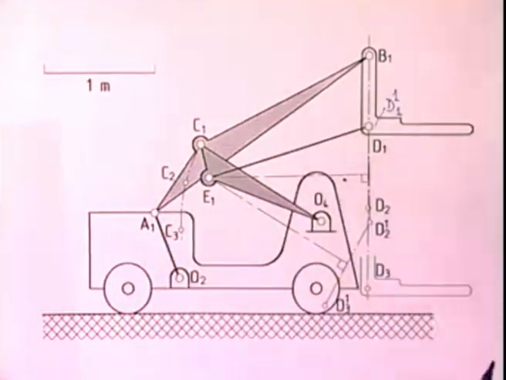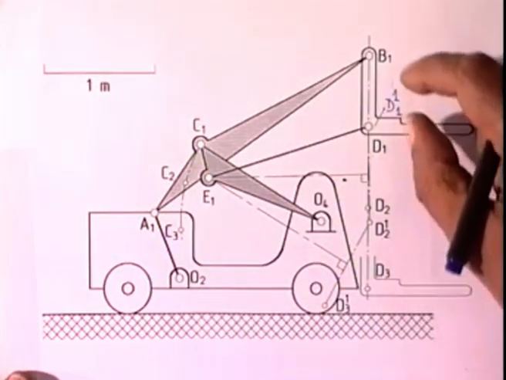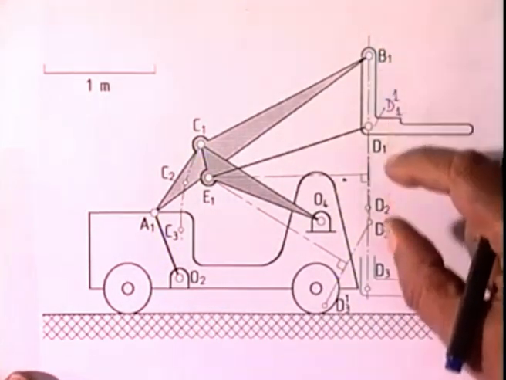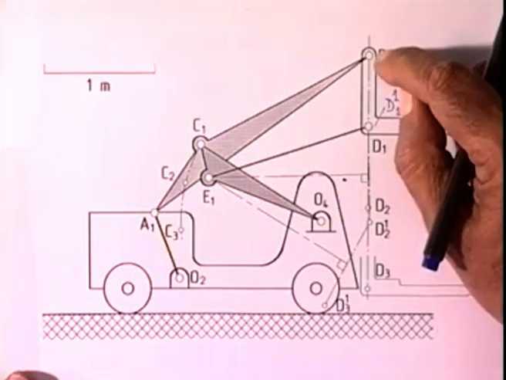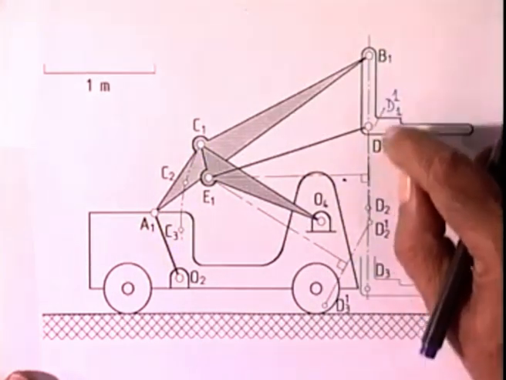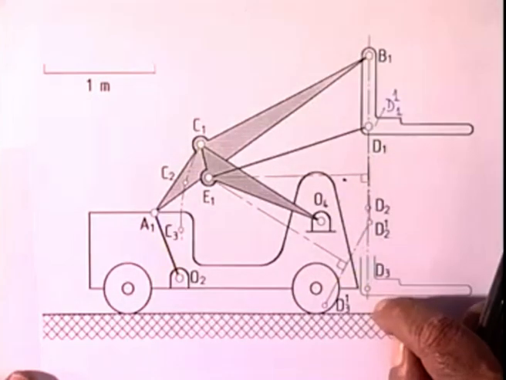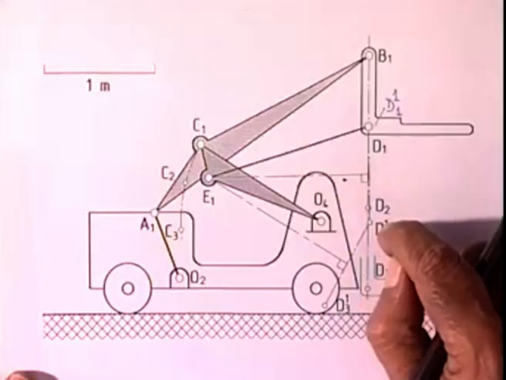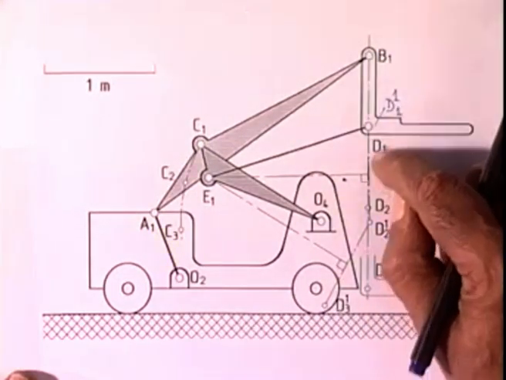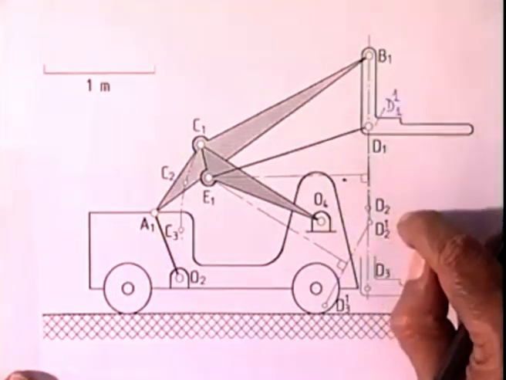So at this stage, I have finished the design of a 6-link mechanism which gives me a fork lifter where the fork goes almost vertically. At least it passes through B1, B2, B3, and the point D passes through D1, D2, D3 lying on this vertical line. Of course, there will be deviation a little bit as it goes from B1 to B2 from this vertical configuration.